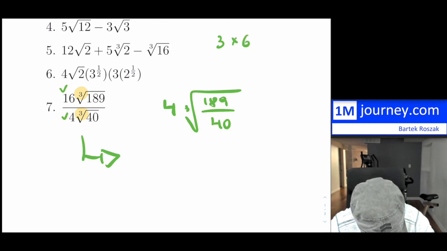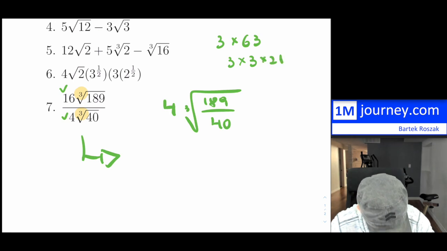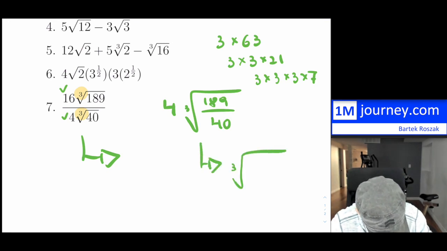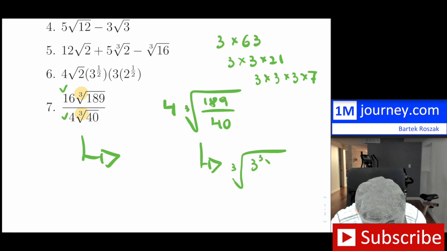Now I can again divide by 3, so it's going to be 3 times 3 times 21. And again by 3, so 3 times 3 times 3 times 7. Look at that. So this basically is the cubed root of 3 cubed times 7 in the numerator.